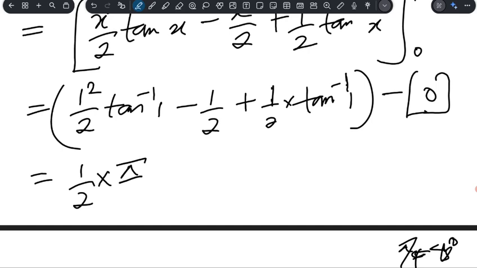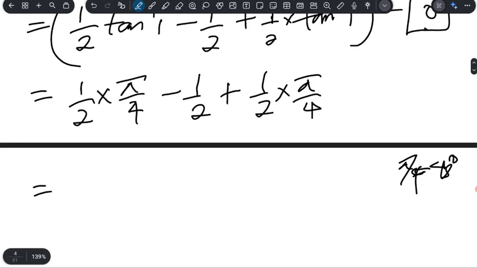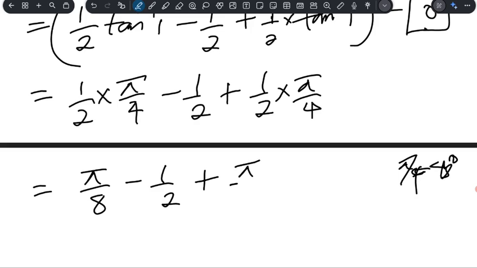So we have 1 over 2 times pi over 4, minus 1 over 2, plus 1 over 2 times pi over 4. In overall, we have pi over 8 minus 1 over 2 plus pi over 8.